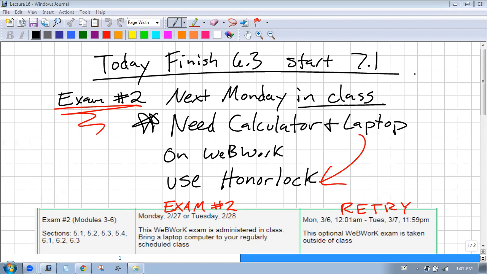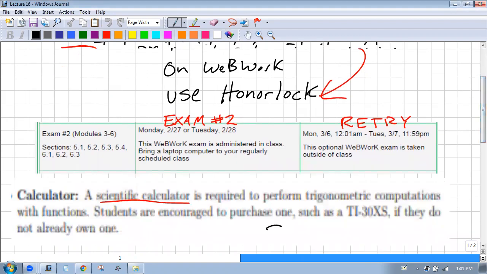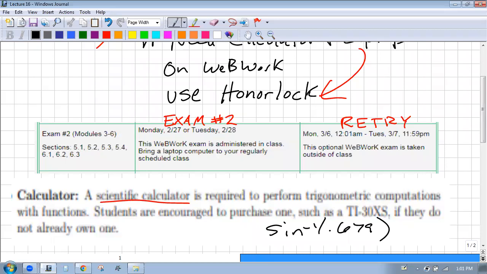It has to be scientific because you need to be able to figure out what sine inverse of 0.679 is. I have no idea what that is. You plug it into your calculator, it gives you a decimal, and you'll have to round it, right? So some problems in WebWork, you need a scientific calculator to do that. Other than that, I don't think you need it for anything other than figuring out what sine or sine inverse of ugly numbers are, all right?